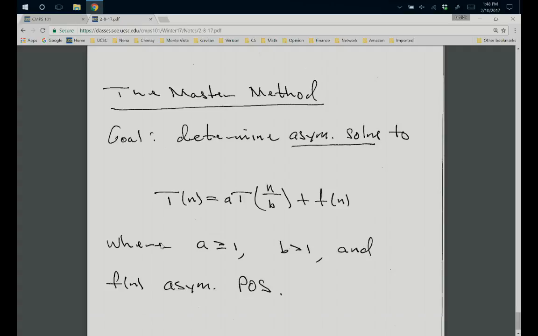If f of n is some kind of ugly, complicated function, and you can simplify it to a single term, like n to the 3/2 or something like that, do so, because the hypotheses that you're checking only care about its asymptotic growth rate. So any function that's asymptotically equivalent to f of n would necessarily satisfy the same conditions.